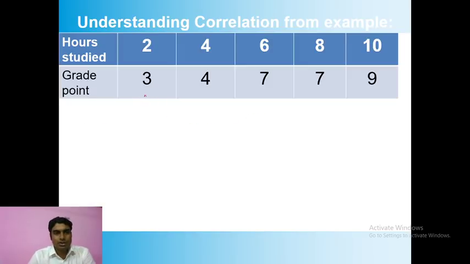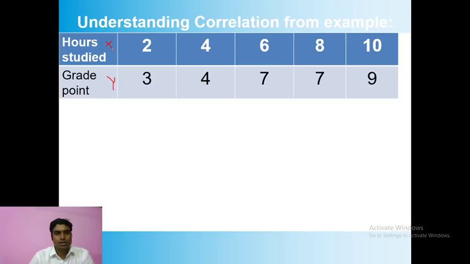First example: suppose we have this data. This is for the x variable, and this is the y variable. What is the data here? The x variable is how many hours a student studies.